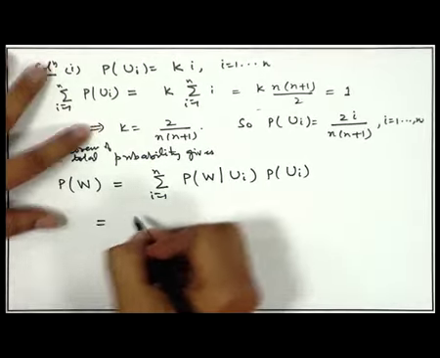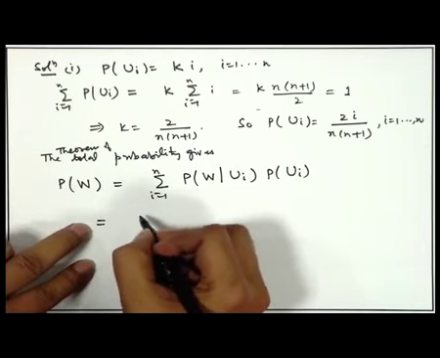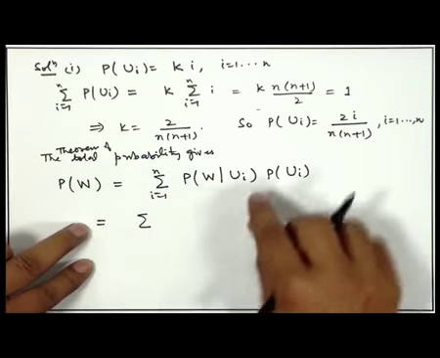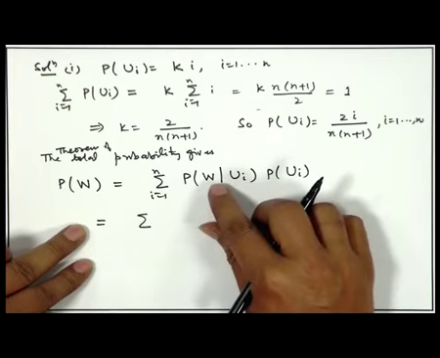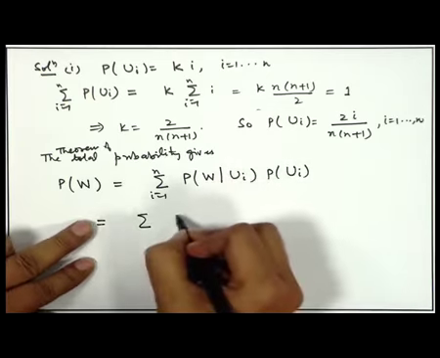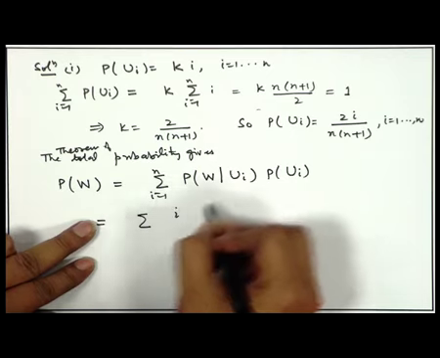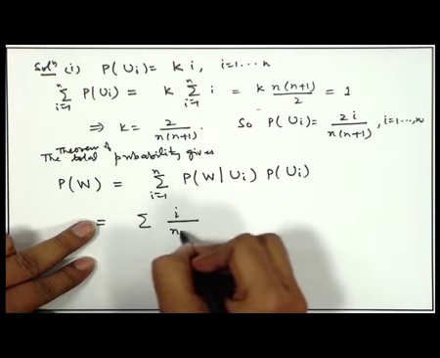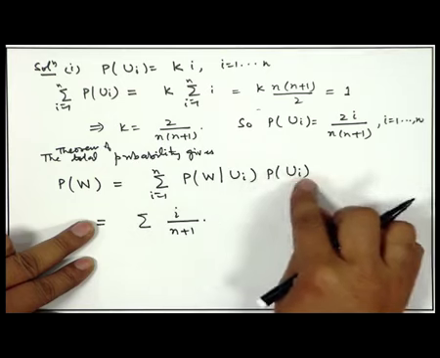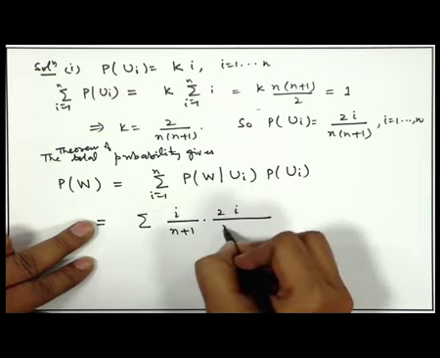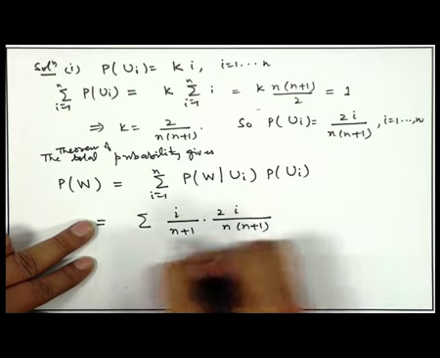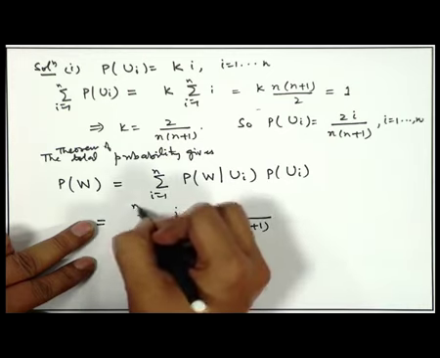In the ith urn there are i white balls. So, the probability of choosing a white ball from the ith urn is i divided by n plus 1, and probability of ui we have just now calculated, it is 2i divided by n into n plus 1, i is equal to 1 to n.